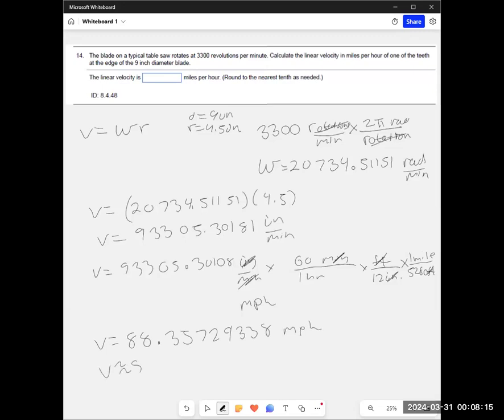So V is approximately 88.4 miles per hour. All right, give me just a second to get problem number 15 up on the board, and problem 15 will be our last problem for this objective and for chapter 8. So 1 second.